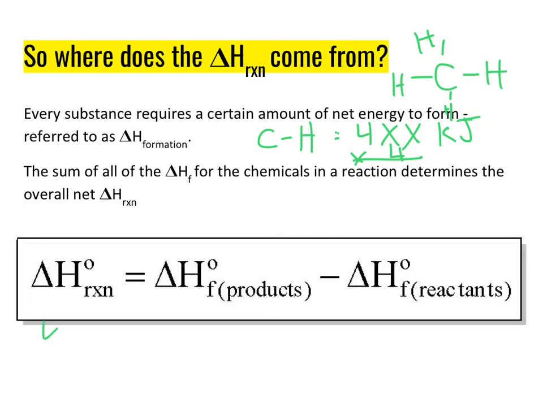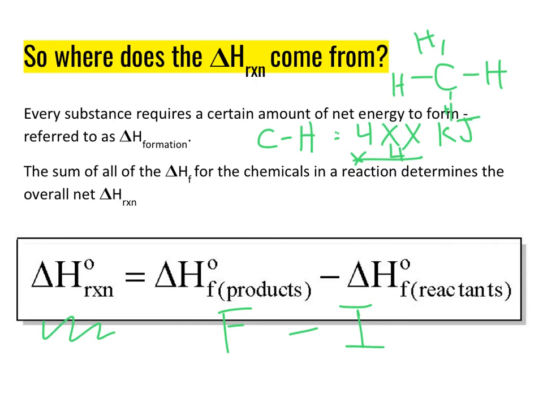So delta H of the overall reaction is calculated by looking at the delta H of formation of the products minus delta H of formation of the reactants, okay? Essentially we're saying final minus initial, so final energy minus initial energy, and that gives us our delta energy. The delta H of formation of the products are given standard values.